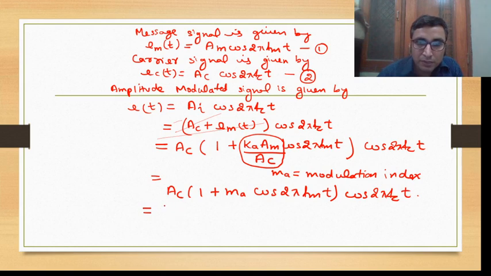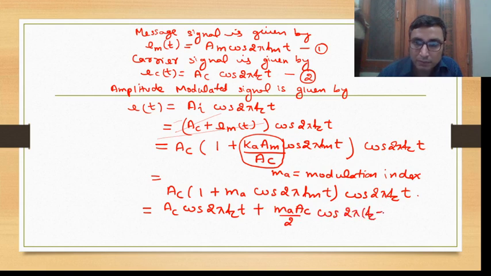After simplification, we are getting the carrier frequency component Ac cos 2 pi fct plus Ma Ac by 2 cos 2 pi (fc minus fm)t plus Ma Ac by 2 cos 2 pi (fc plus fm)t.